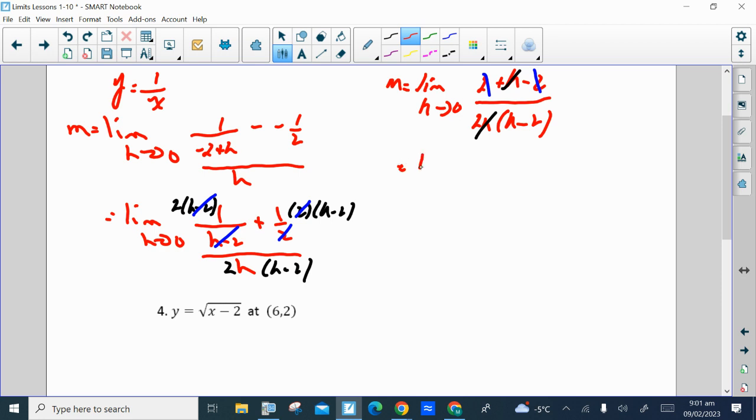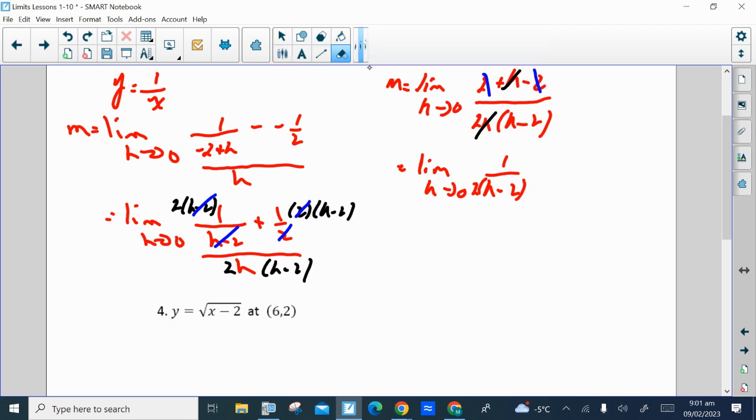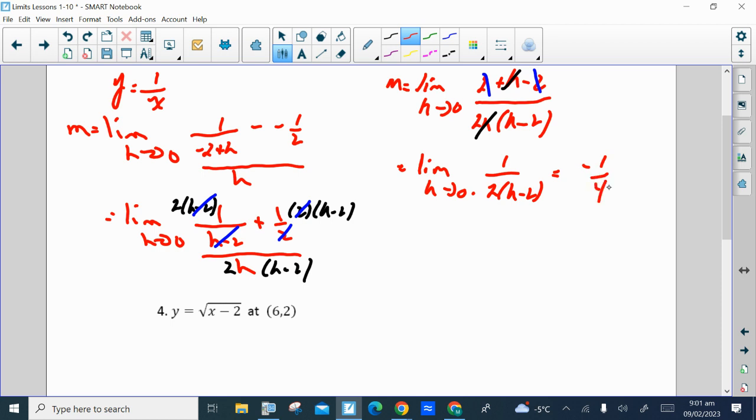So this will equal the limit as h approaches 0 of 1 over h plus 2 bracket h minus 2, which we can now evaluate. We got rid of our factor of h on the bottom. So now when h equals 0, 0 minus 2 is negative 2, times the 2 in front gives us negative 4. We get the same slope of negative 1/4.